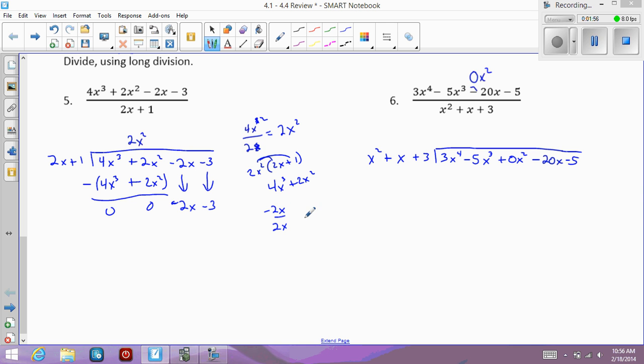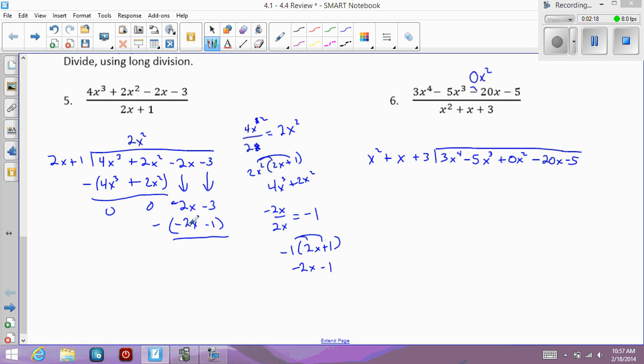Negative 2x over positive 2x is going to equal negative 1. And again, you will take that negative 1 and distribute that to 2x plus 1 to get negative 2x minus 1. So we fill in negative 2x minus 1 and subtract.